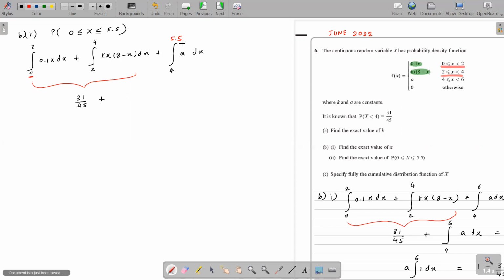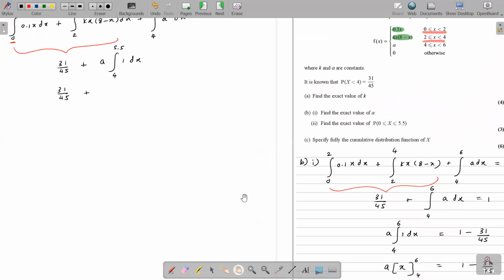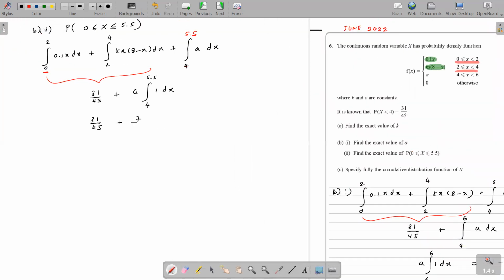Plus over here, a is a constant, so basically I end up integrating 1 from 4 to 5.5. And I just need to add this answer, right? I just want to get the probability. So 31 over 45 plus, the a value we just found out, right? So a was 7 over 45. So substitute the a value as 7 over 45.